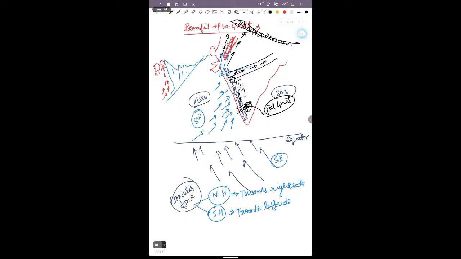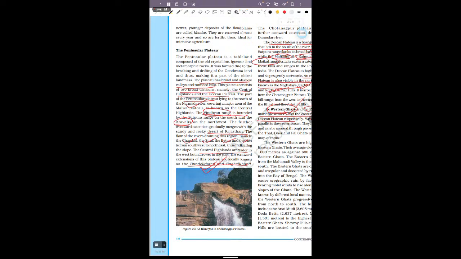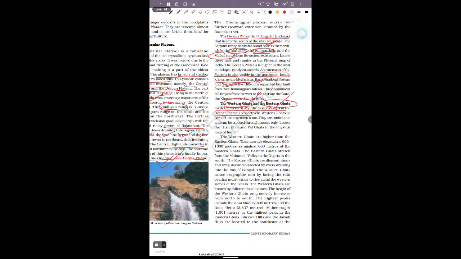So these winds also blow parallel to the Aravalli and reach the Himalayan system, that is Himachal Pradesh or Uttarakhand. Here these winds are again forced up by the mountain barrier and they precipitate. So we have seen the benefit of the Western Ghat, and how in the Peninsular Plateau region the Western Ghat is useful for rainfall.